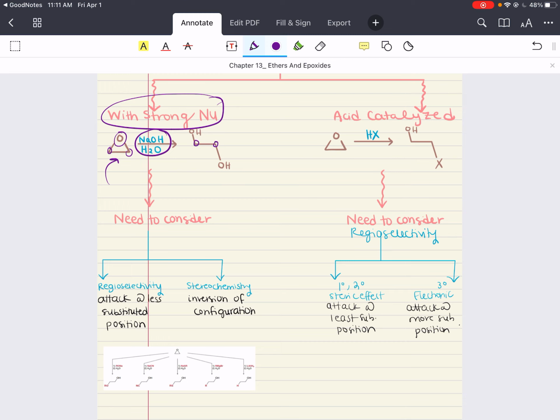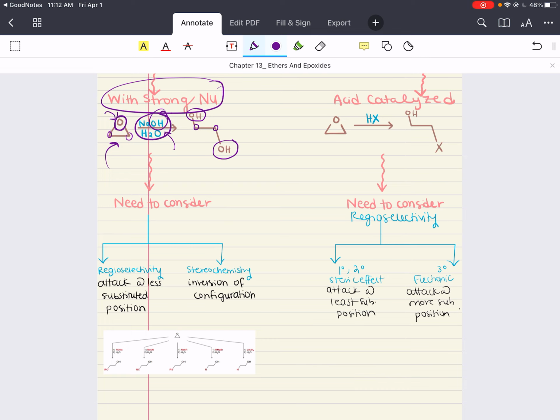And of course, your oxygen here will get protonated to form an alcohol group. And depending on what your nucleophile is, you can add some other group to the other side when you open your ring. Here we're using sodium hydroxide, so obviously we'll be adding a hydroxide when the ring opens. You preserve the oxygen, it'll get protonated, so you always have this alcohol group here.